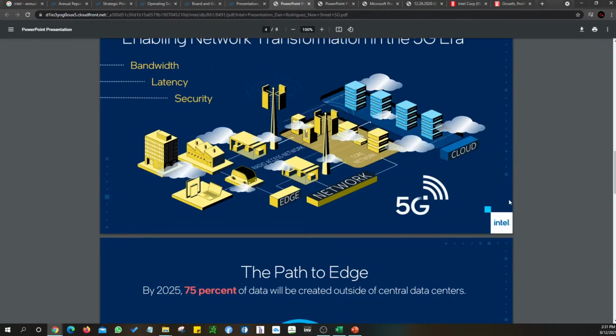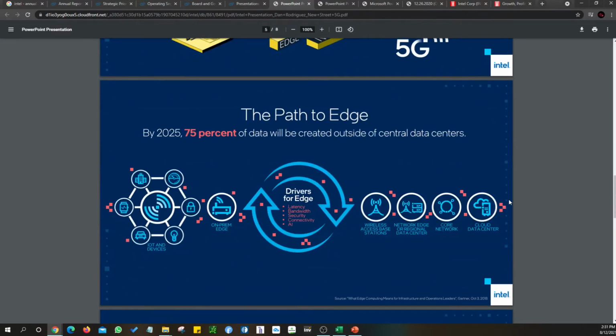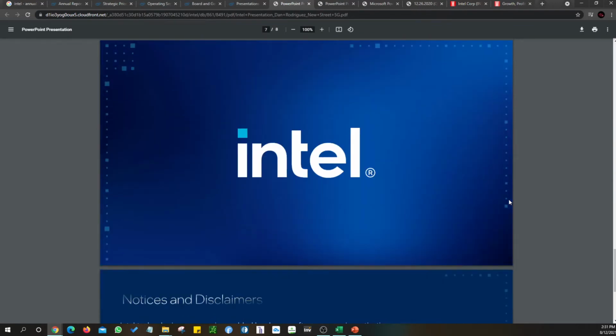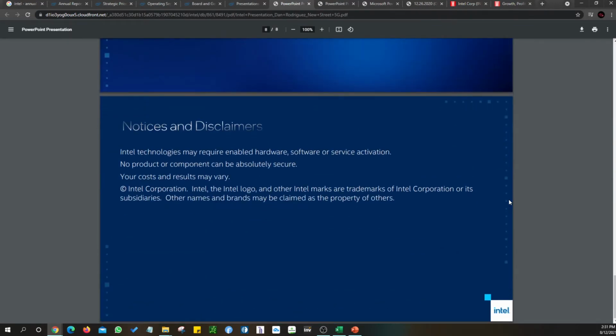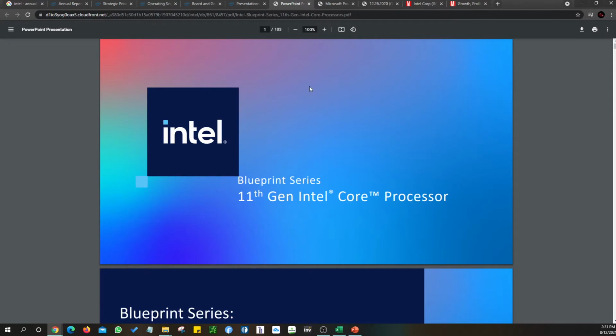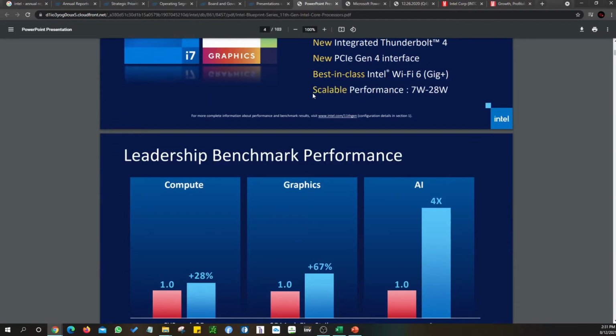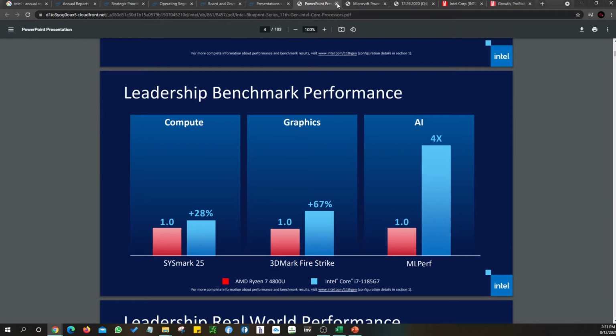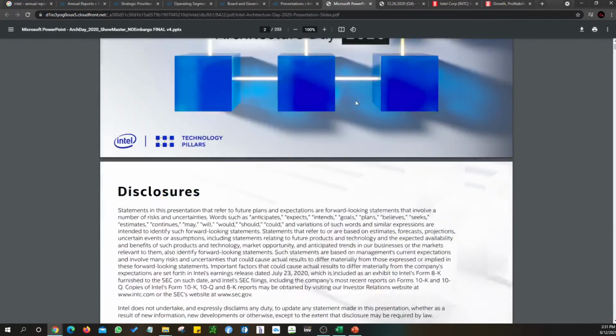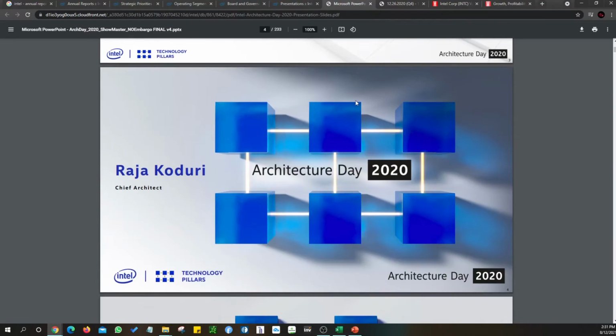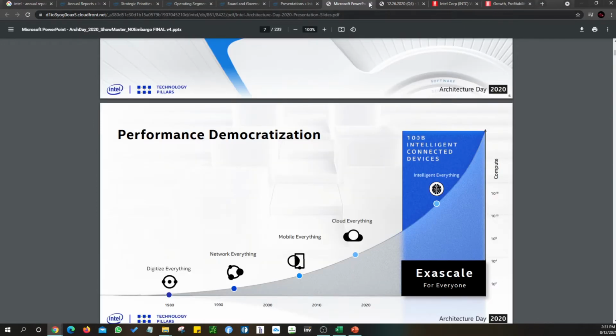So this is what it speaks. The pathway. This is excellent information. And about their architecture. All right, this is also speaking about the architecture.